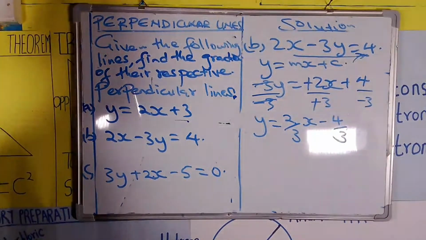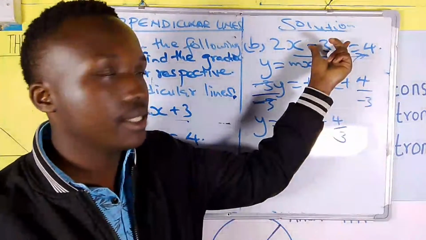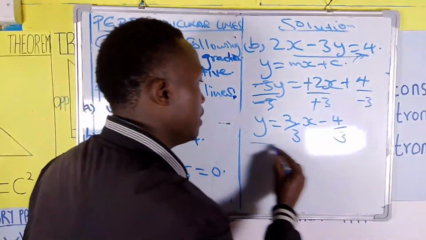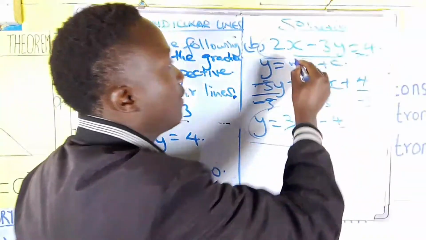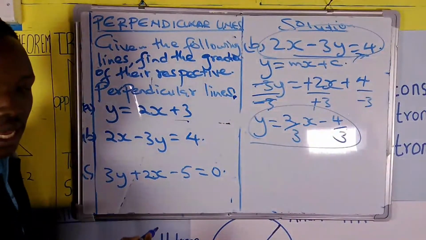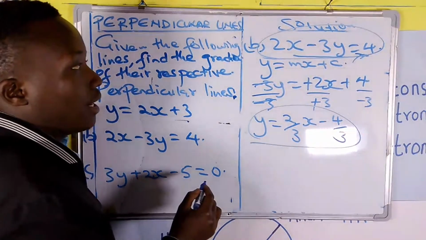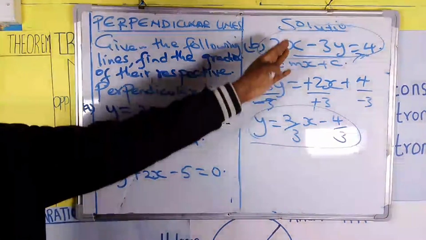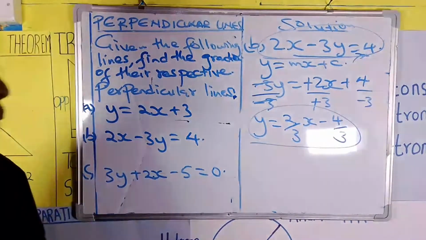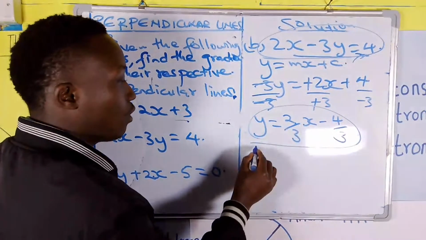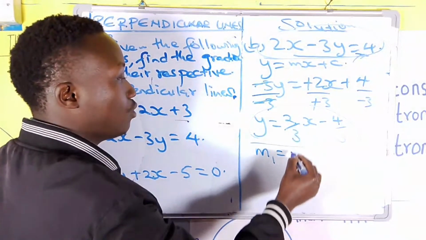So when we have that equation, this equation is the same as the earlier one. There is no difference between them. The only difference is that the two equations have been written in different ways. So in this format, we can now conclude that our m1 is 2 over 3.